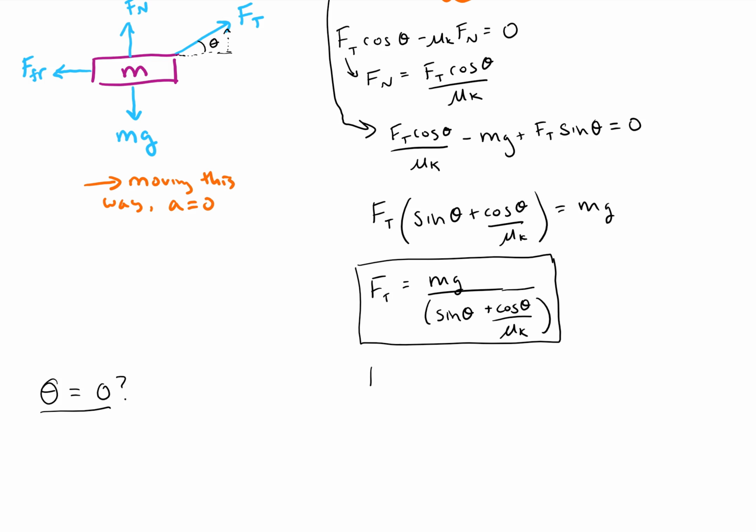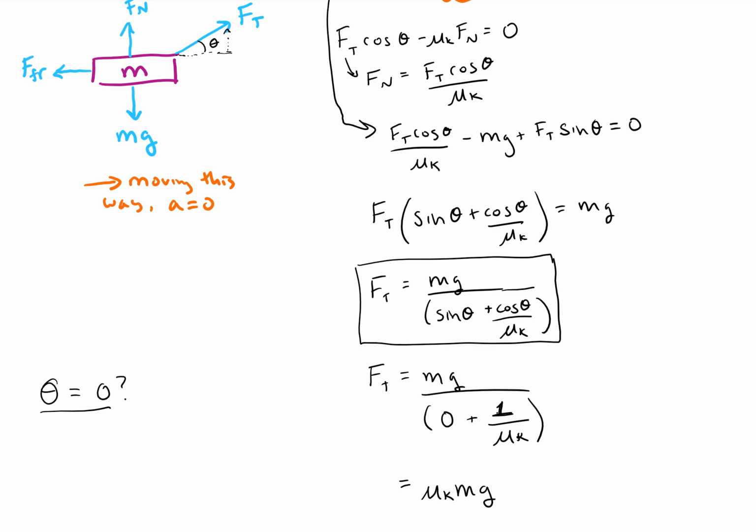Let's take this equation and simplify it for the case when theta is 0. Then sine theta is going to be 0, and when theta is 0, cosine theta is going to be 1. That's 1 over mu k. And so you find that the tension force has to be mu k mg.